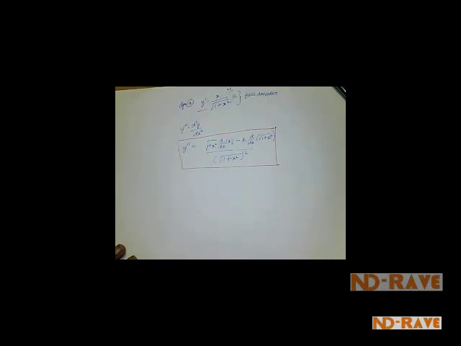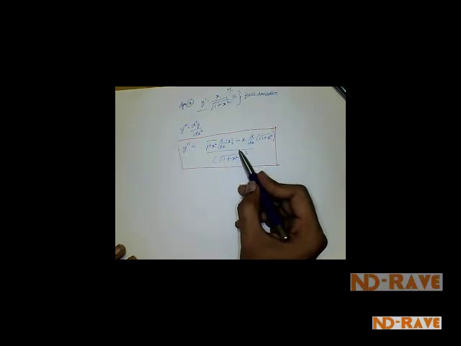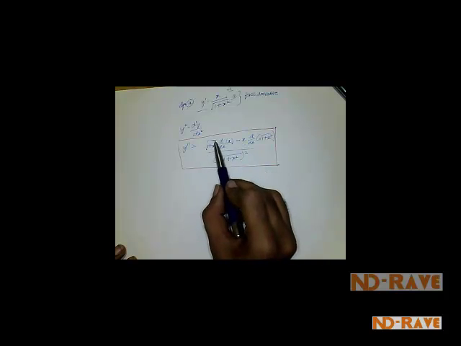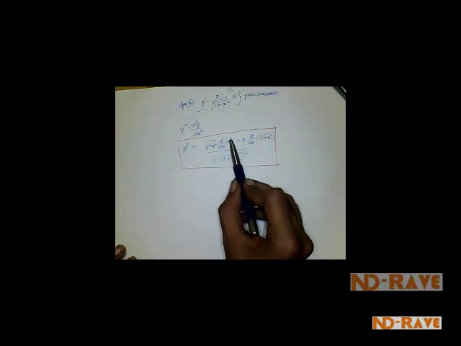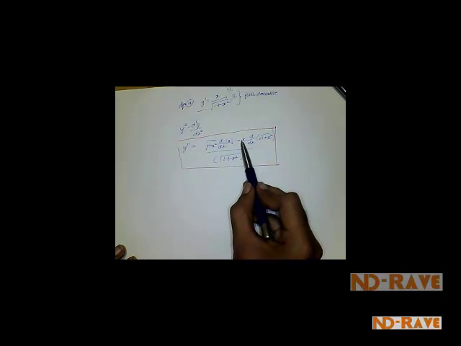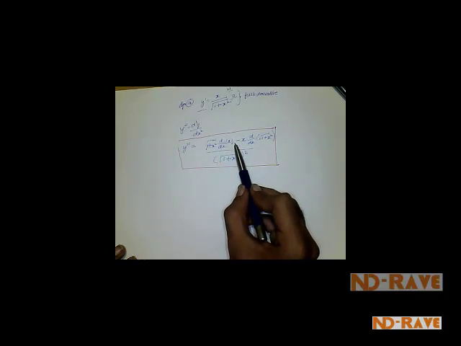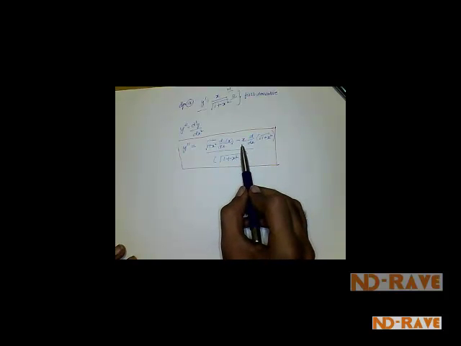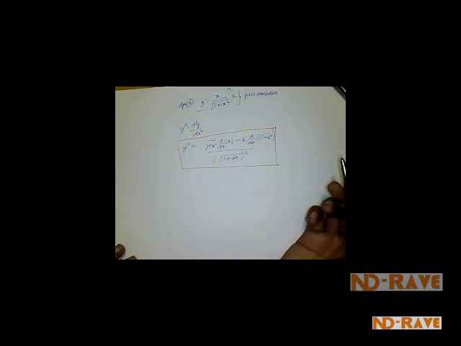Denominator function squared, then the denominator function multiplied by the differential of the numerator function, minus, there is a negative sign, so please note this once again, I repeat, the numerator function multiplied by the differential of the denominator function.